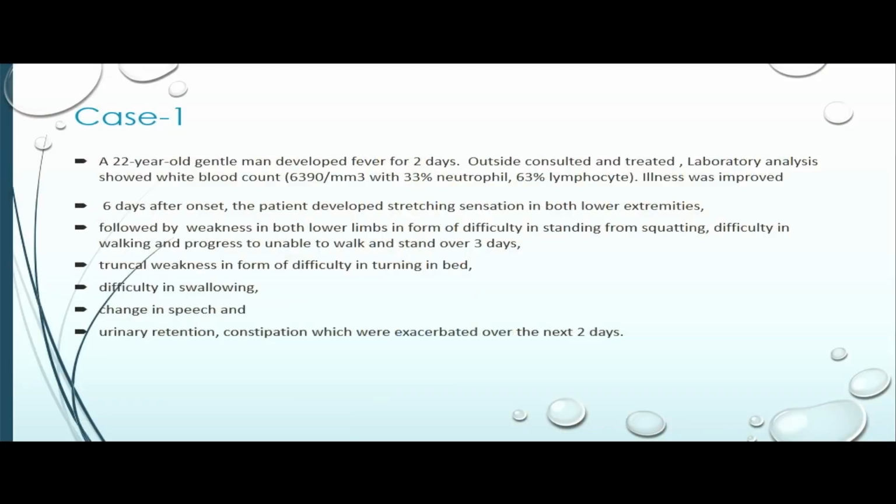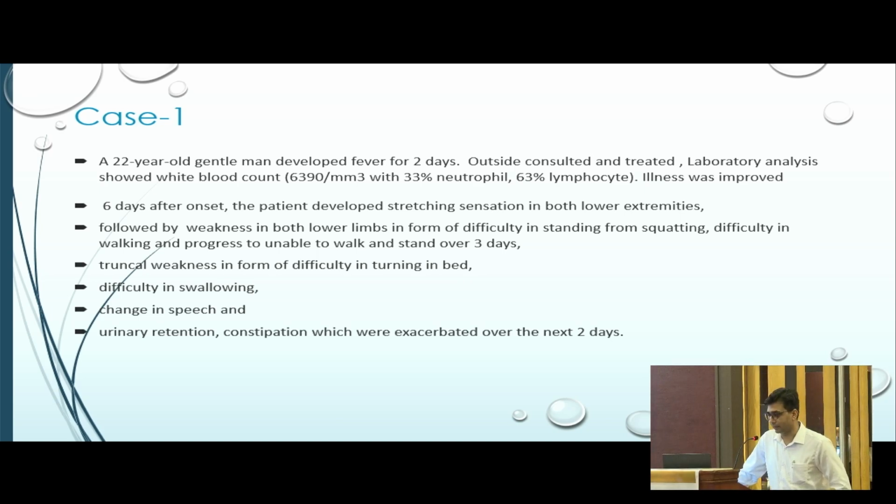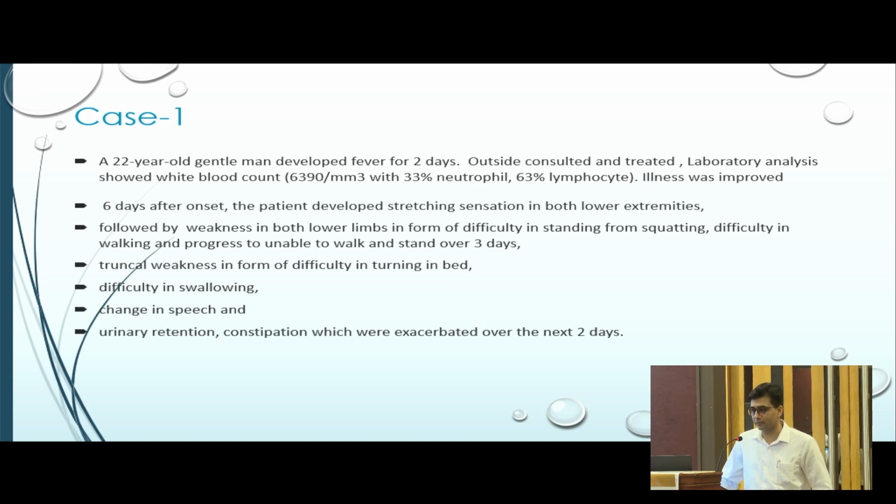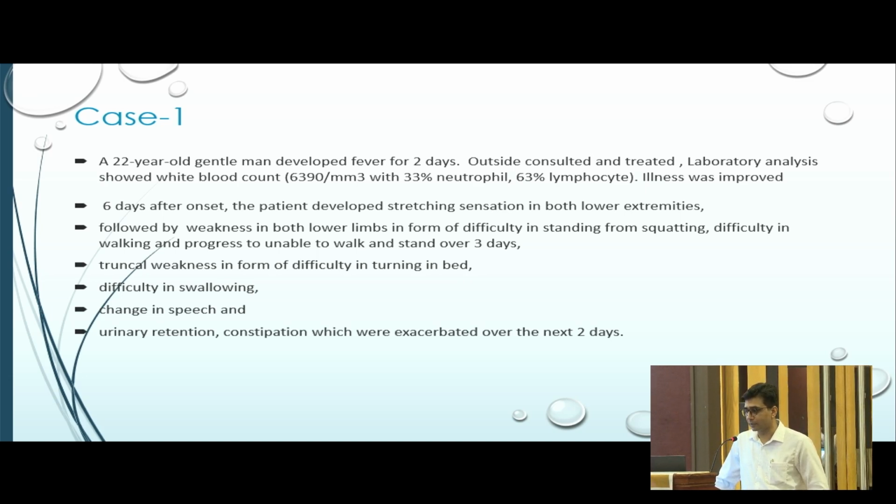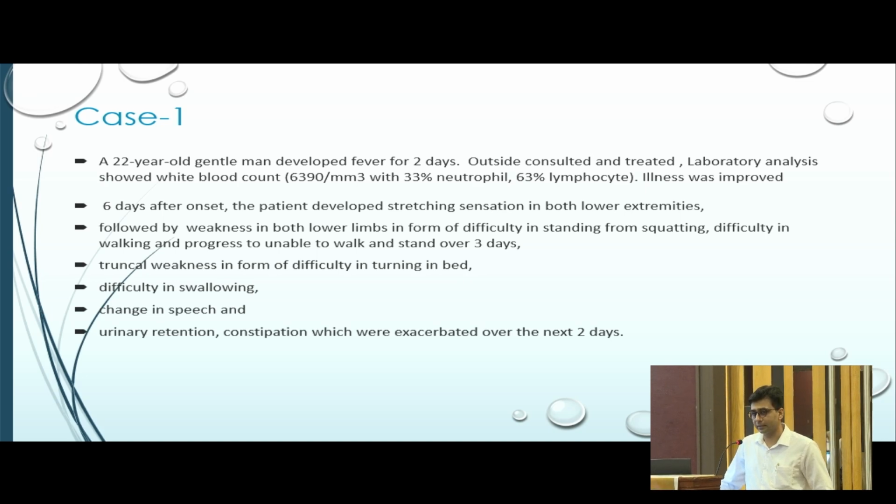So first case, a 22-year-old male patient developed fever for 2 days. Outside he was consulted and treated, and at that time only a CBC was done, which showed a WBC count of 6,300 with lymphocytic predominance, and the illness improved within 1 to 2 days.